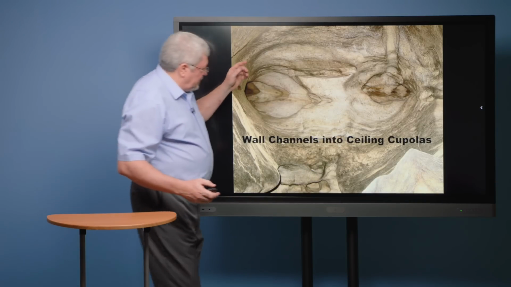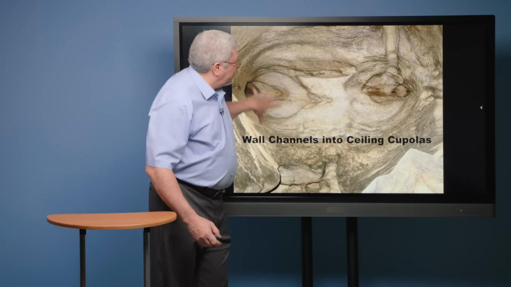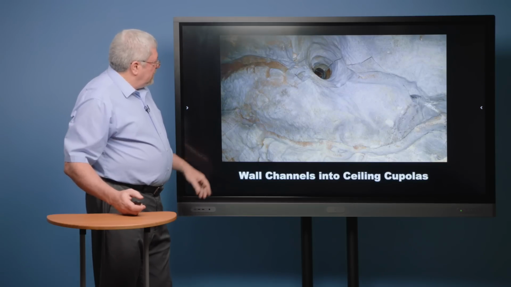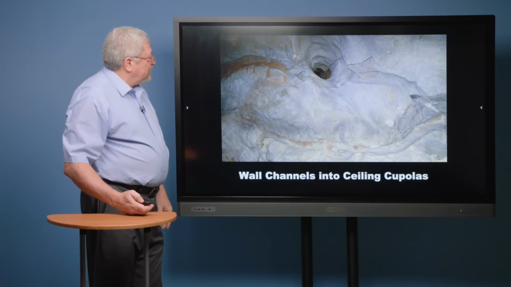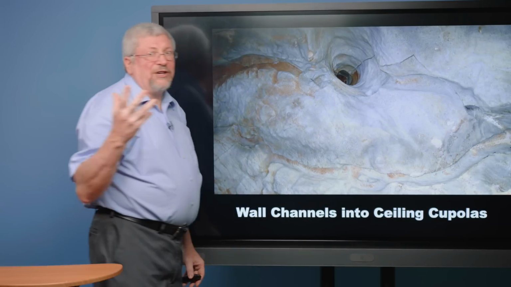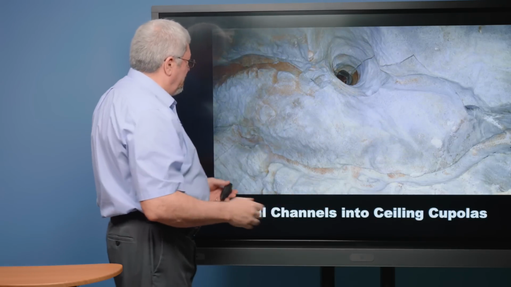So here's a number of channels coming into ceiling cupolas. All sorts of fun little structures. Again, in some cases you can follow these channels in the ceiling for hundreds of feet, and then they come to a ceiling cupola and that's it, they're done, they're finished.